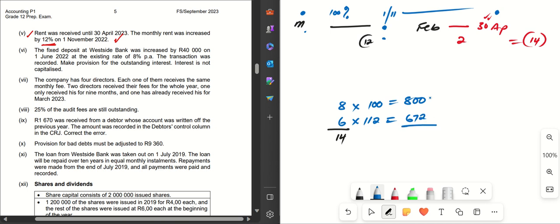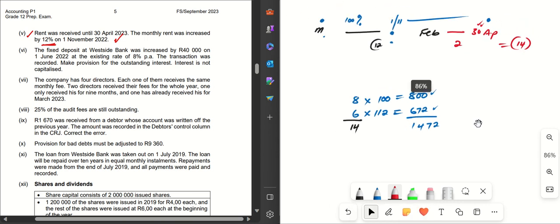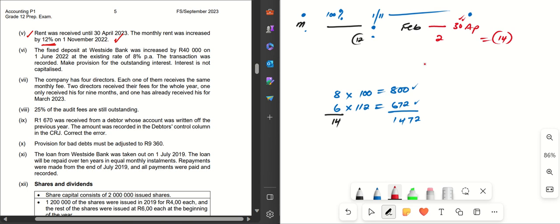So I can then say 800 plus 672, and it gives you 1,472. Now, what do you want? We want the month after increase, and the month after increase is 112. So I want 112. What I have is 1472.